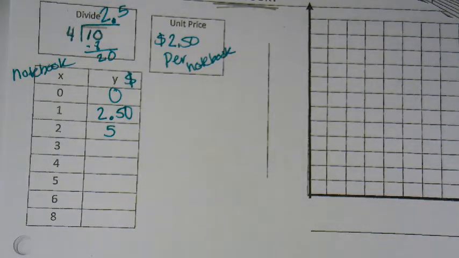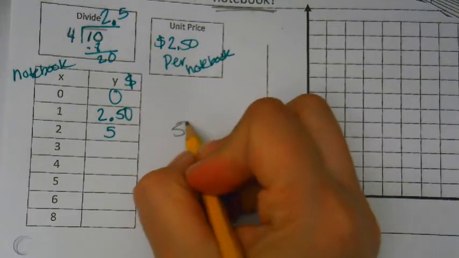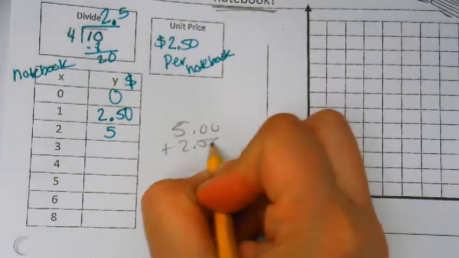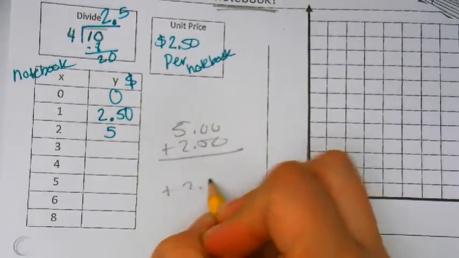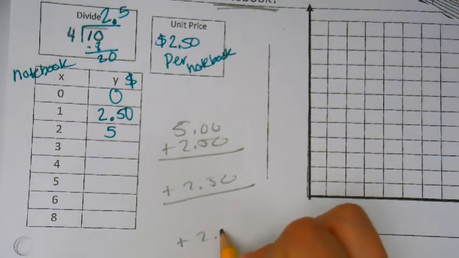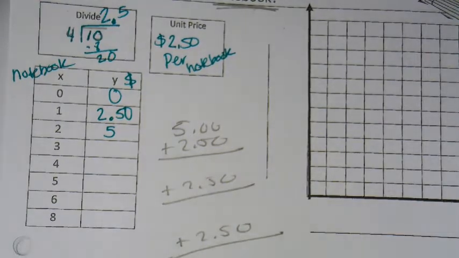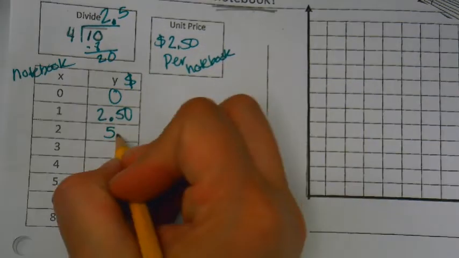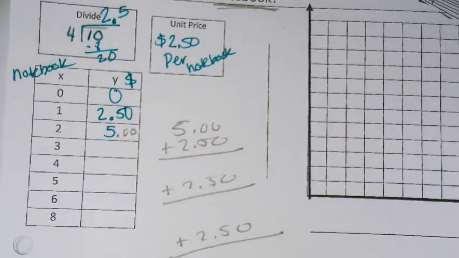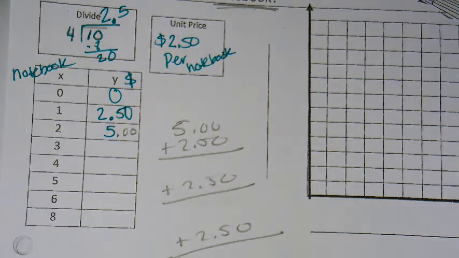If you need to go over here and go, okay, 500 plus 250, cool, plus 250, that's cool. Whatever you need to do, I just need answers. Careful on the last one.